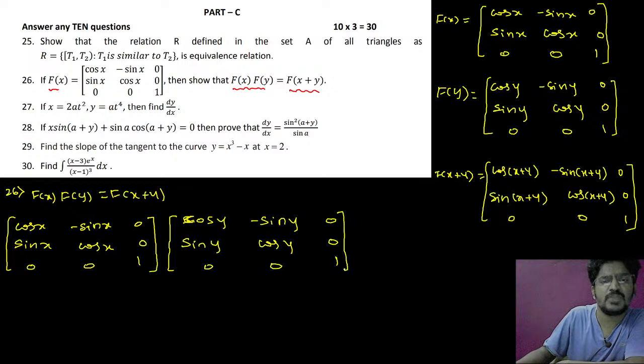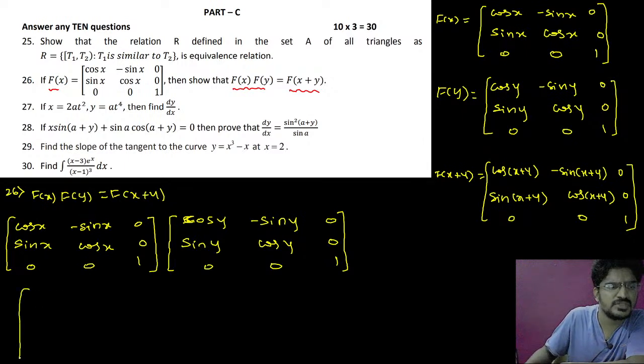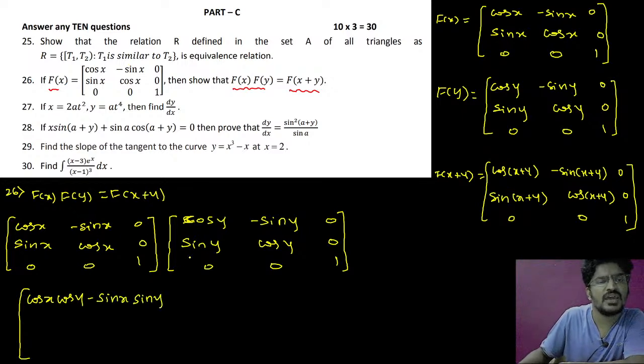So we have to multiply this now, and we have to prove that it is equal to f of x plus y. So multiply the terms very carefully. Cos x into cos y is cos x cos y, minus sin x into sin y is minus sin x sin y. Okay, and third term is 0, no problem.